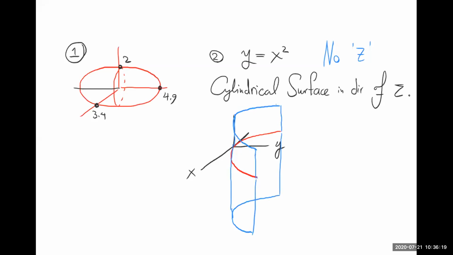So if I want to sketch both of them in the same space, the other one would be like this, right? We have surface number 1, we have surface number 2. Okay, can you see the intersection?